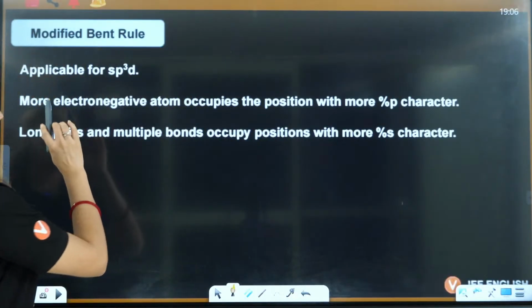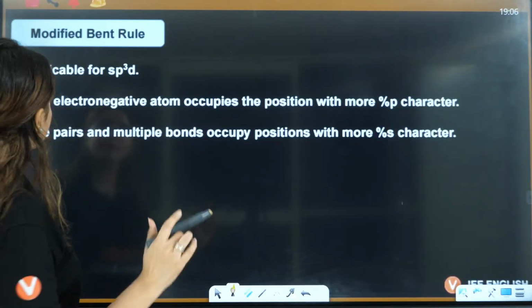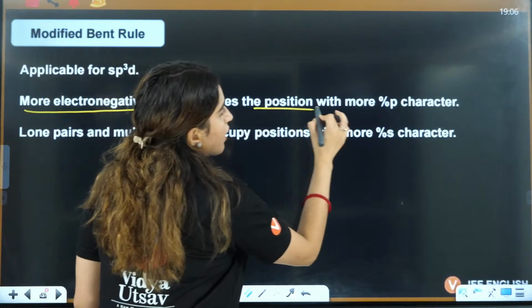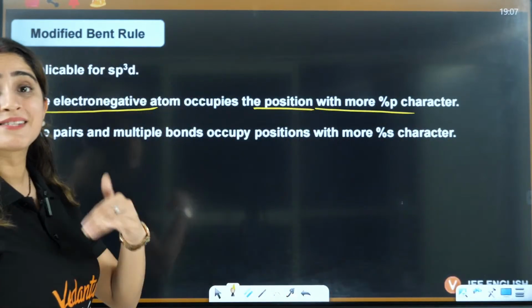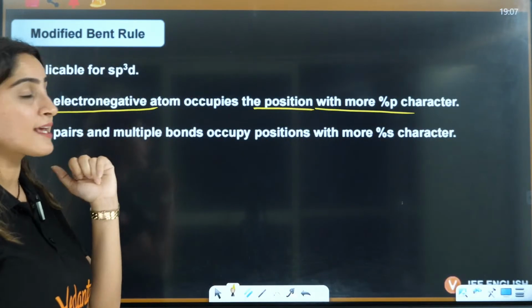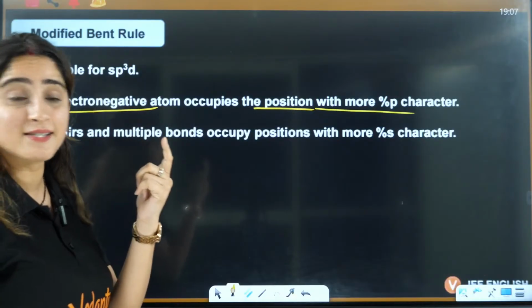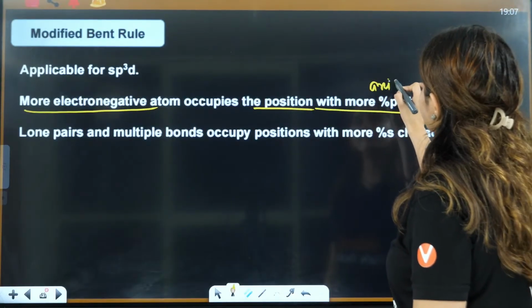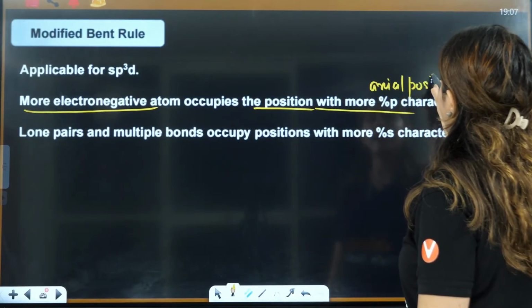Now the modified version is: the more electronegative element occupies the position where the percentage p character is more, on the axial position. Haven't we seen that?